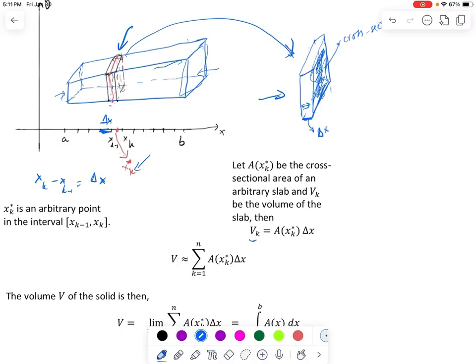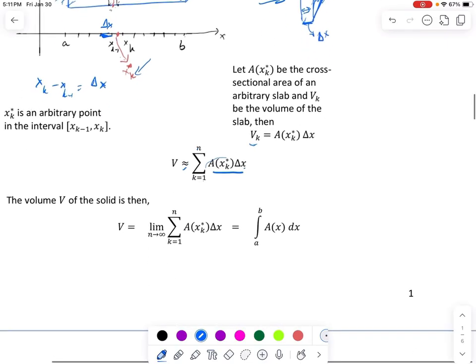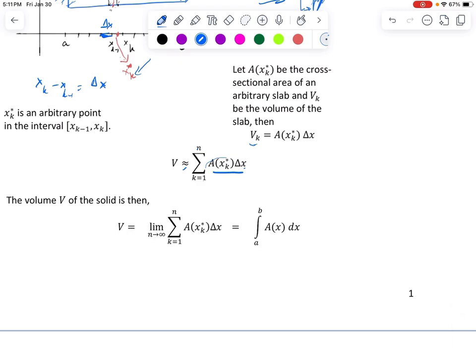So V is equal to the summation from k equals 1 to n of A(xk*) times delta x. So this is the approximate value. How do we get the exact value? We take the limit. We let n go to infinity. The limit of this sum, and then what happens?